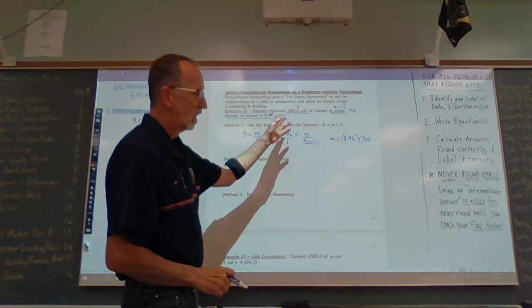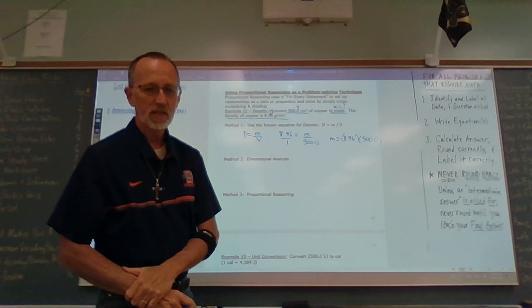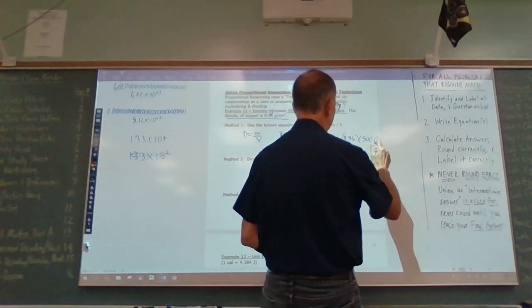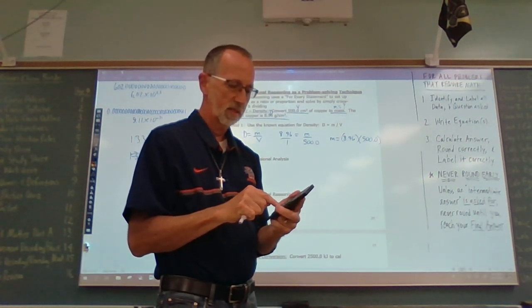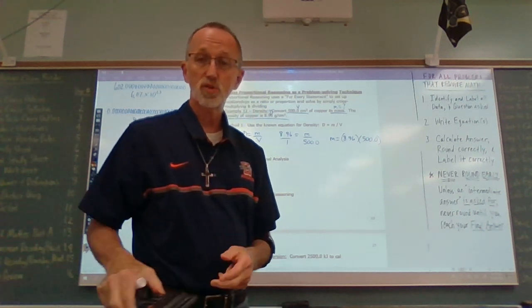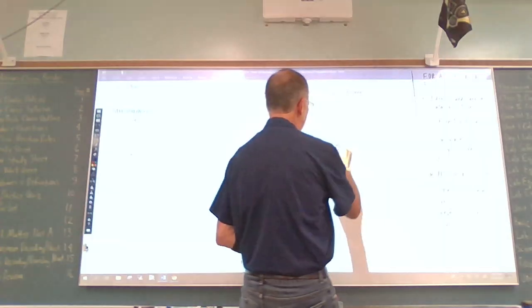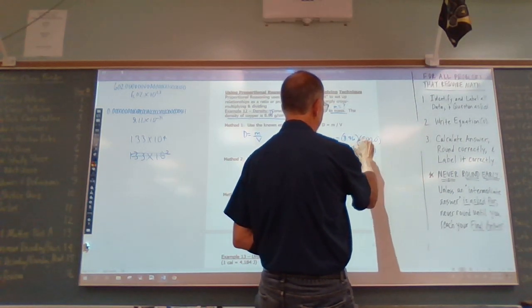Based on the sig figs in our problem, we have 4 here and 3 here, so that would be 3 sig figs. The actual answer comes out to 3 sig figs, which is kind of handy. So m equals 4,480 grams.